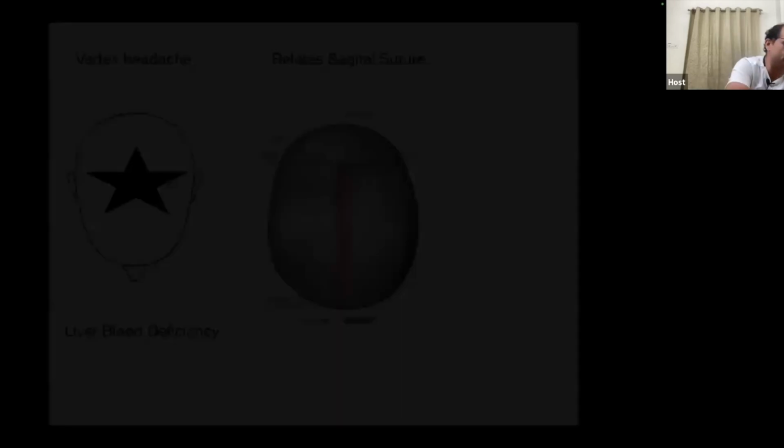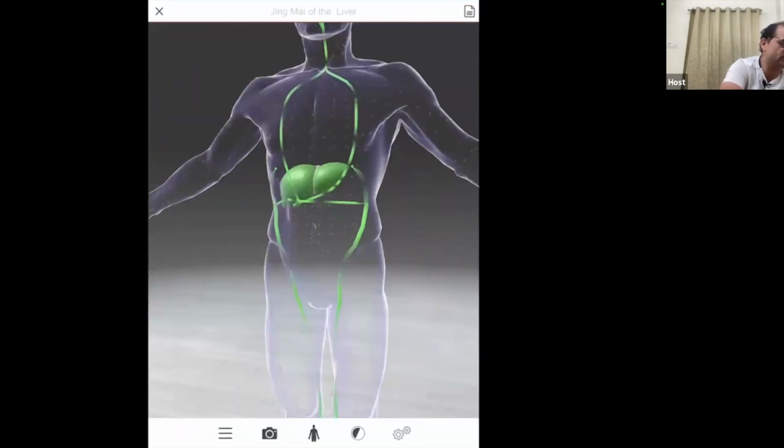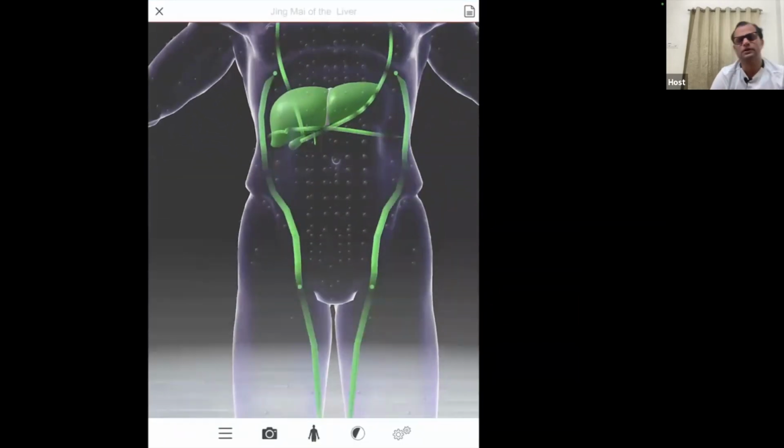Now suppose some female has removed the uterus, done the hysterectomy, किसी फीमेल का यूट्रस निकाल दिया यहां से. Now after removal of the uterus, this area will be empty. ये एरिया खाली हो गया, एम्प्टी हो गया.